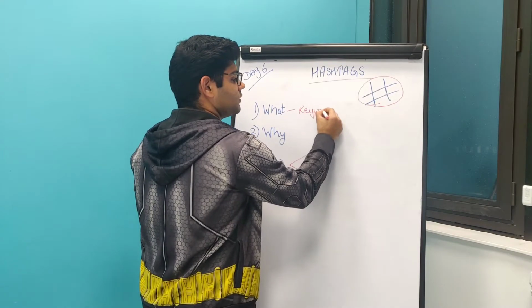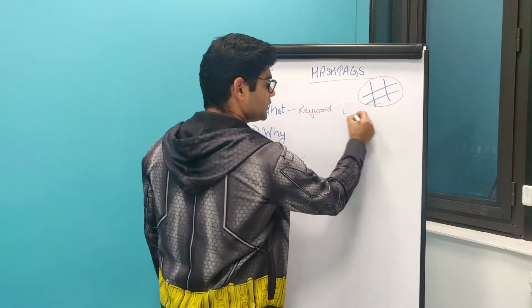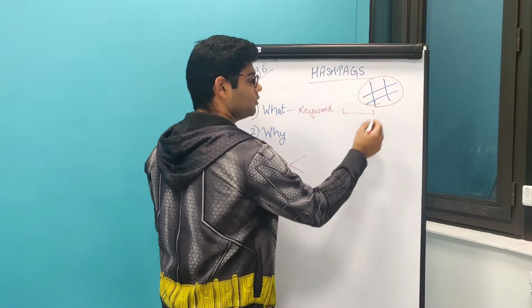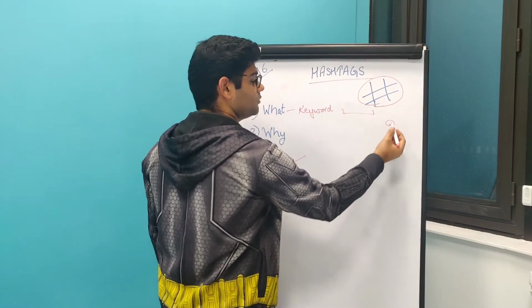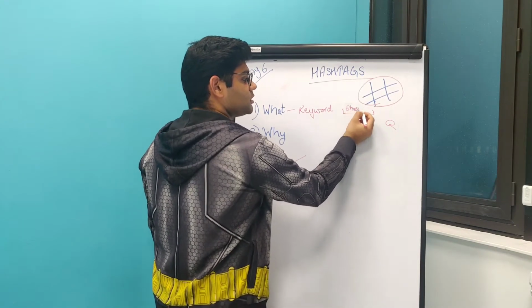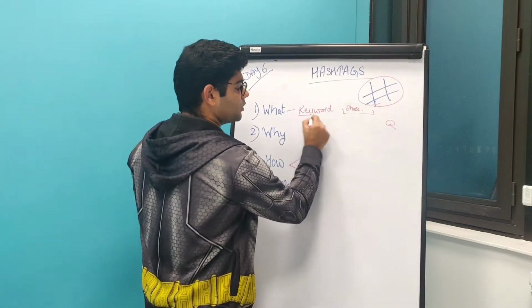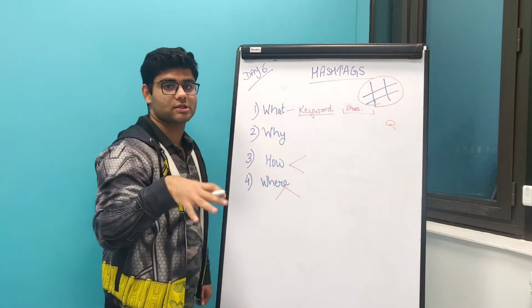Whenever you do research on Instagram, you go to the search icon and search, let's say, shoes. Instagram looks for this keyword and then displays the results.